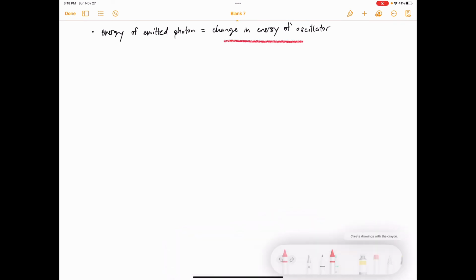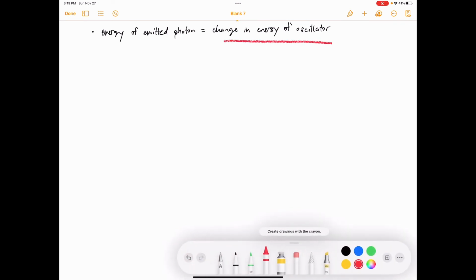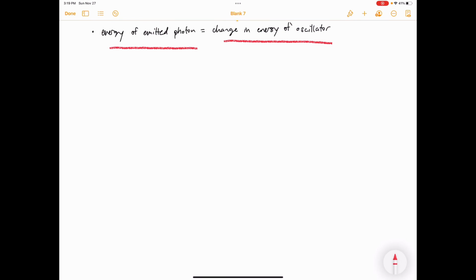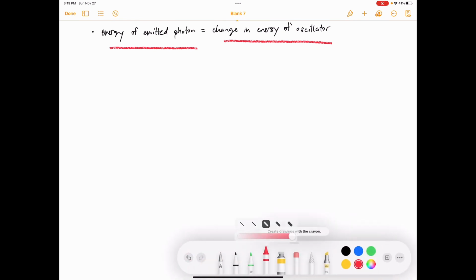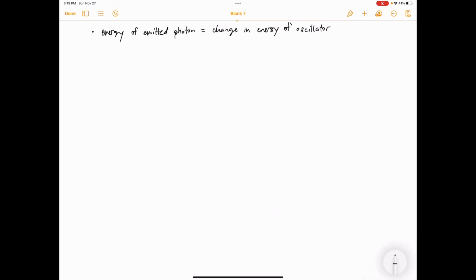If the change in energy of our oscillator is really small, then the energy of our emitted photon is really small. So how do we get the smallest possible energy for the emitted photon? It's when we're transitioning between neighboring energy levels, for example going from n equals 2 to n equals 1.